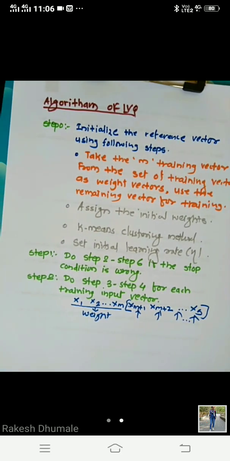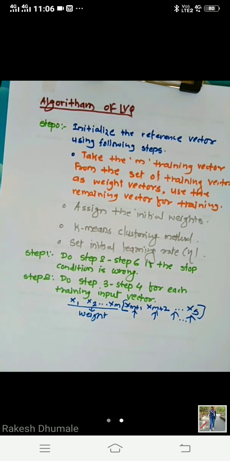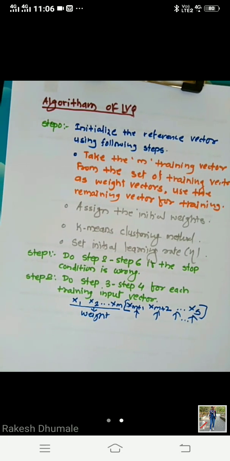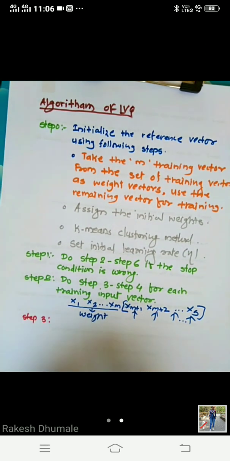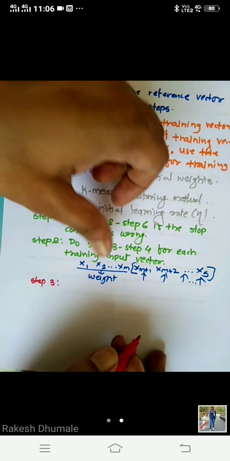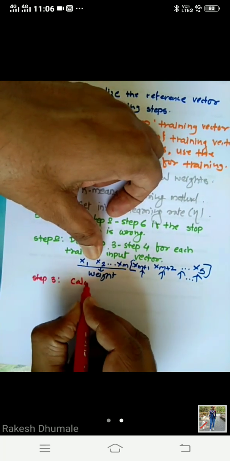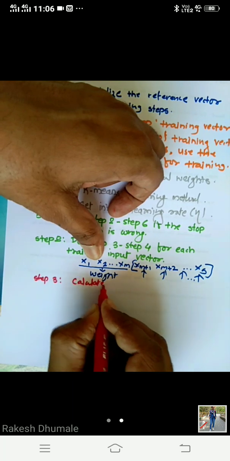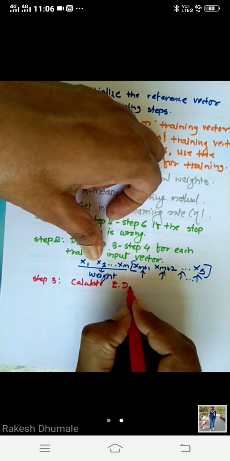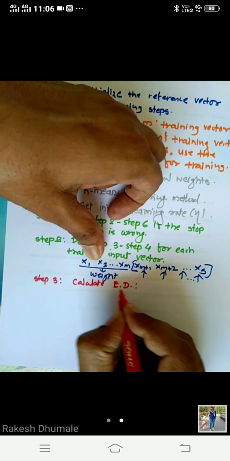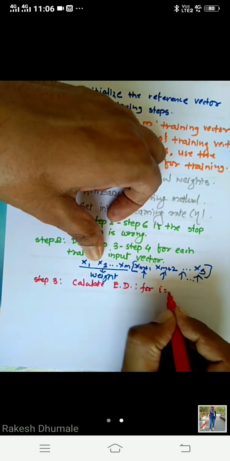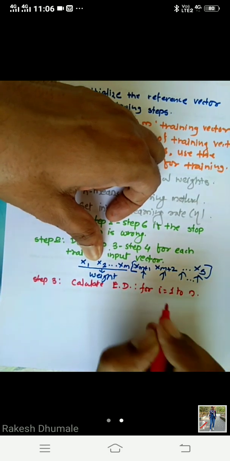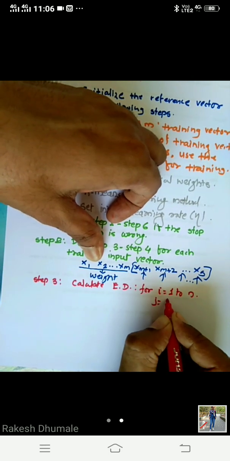Then now what is step 3? I will show here step 3. Calculate the Euclidean distance for i equal to 1 to n and j equal to 1 to m.